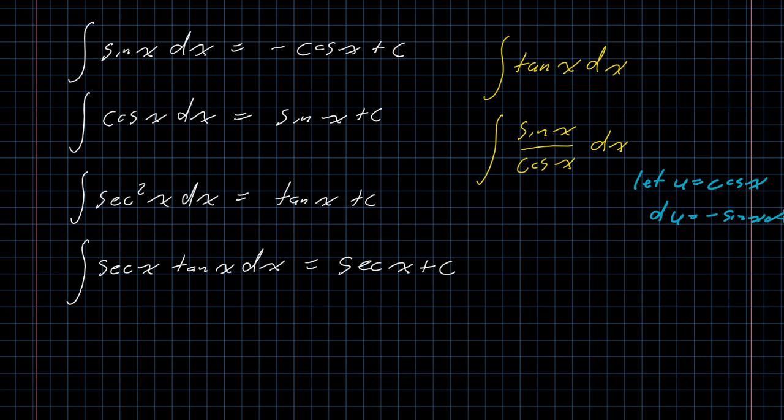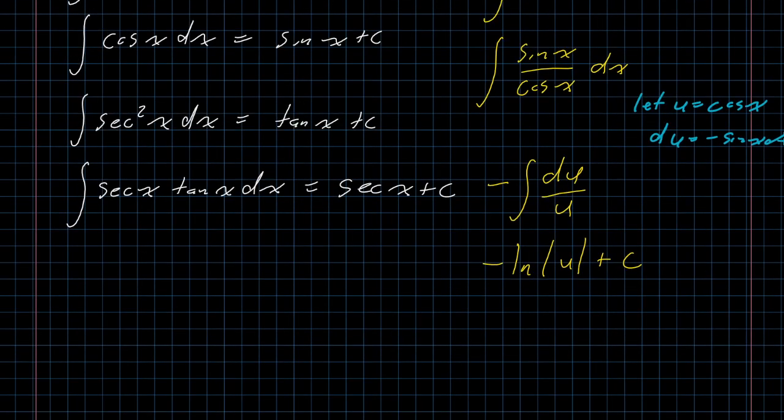But that is supposed to say negative sine x dx. All right, so I've got the negative of the integral of du over u after doing my substitution, which means it's the negative of the natural log of the absolute value of u plus c. Substitute back in my value of u. This is the negative of the natural log of the absolute value of cosine of x plus c.